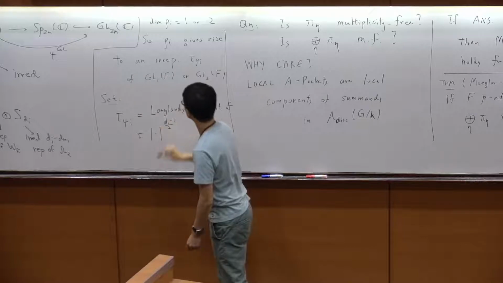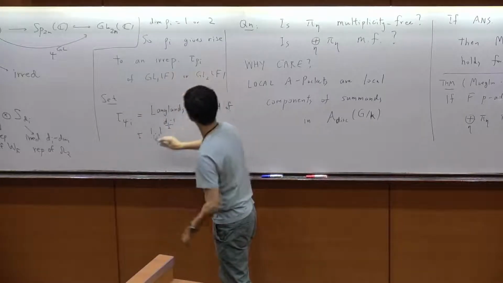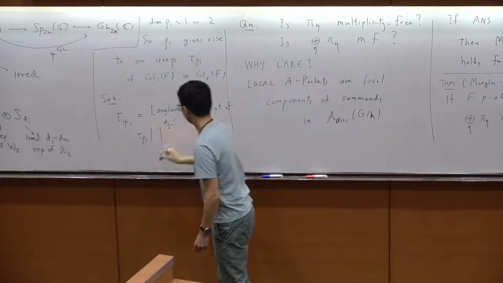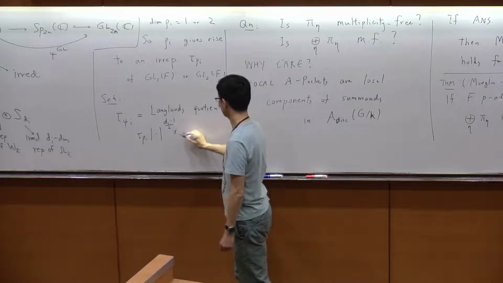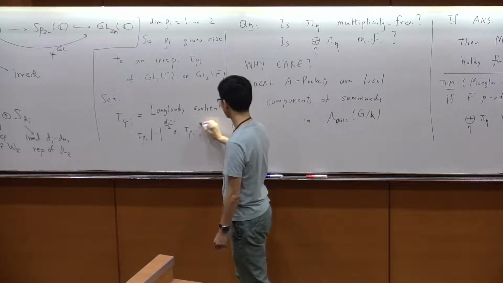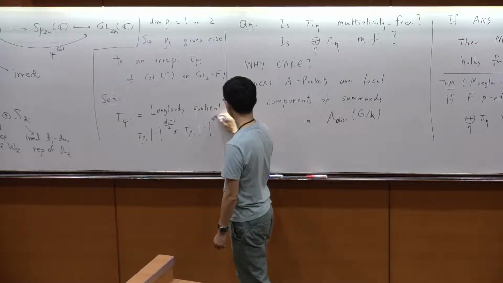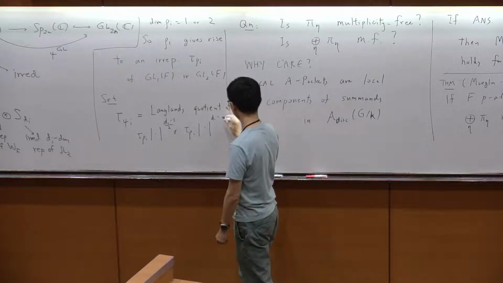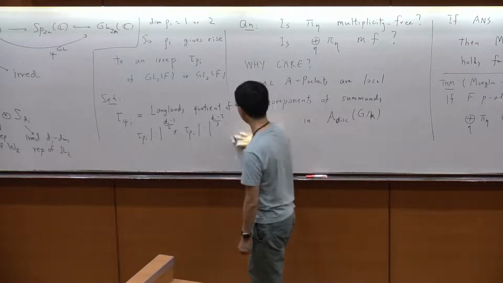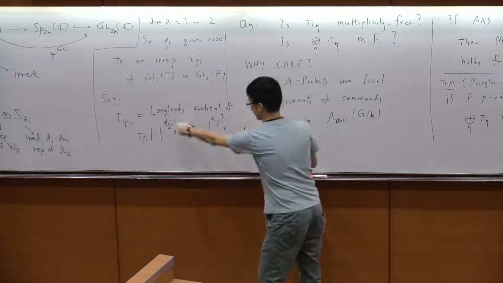So you just take this representation of GL1 or GL2, and you twist it by different characters, starting with (d minus 1) over 2 and keep subtracting 1 until you reach the negative of that.